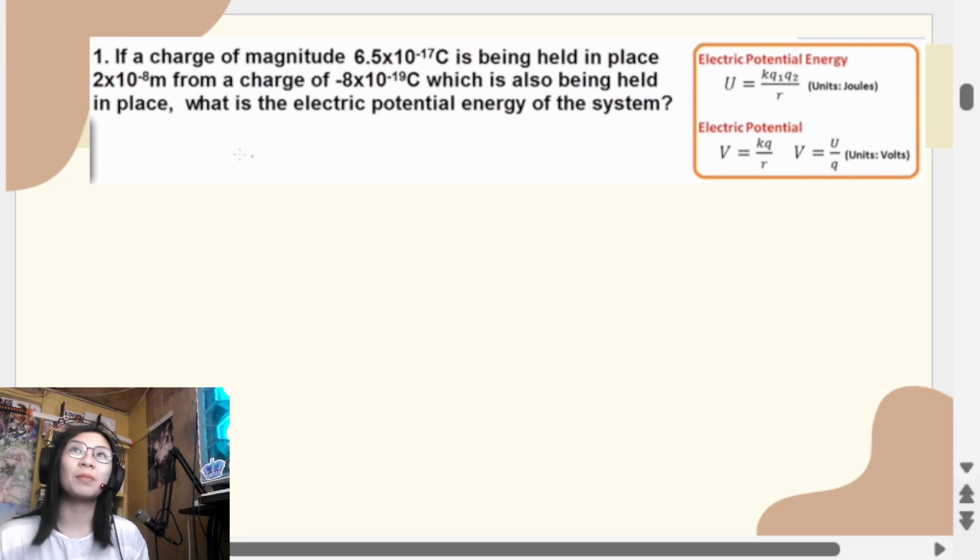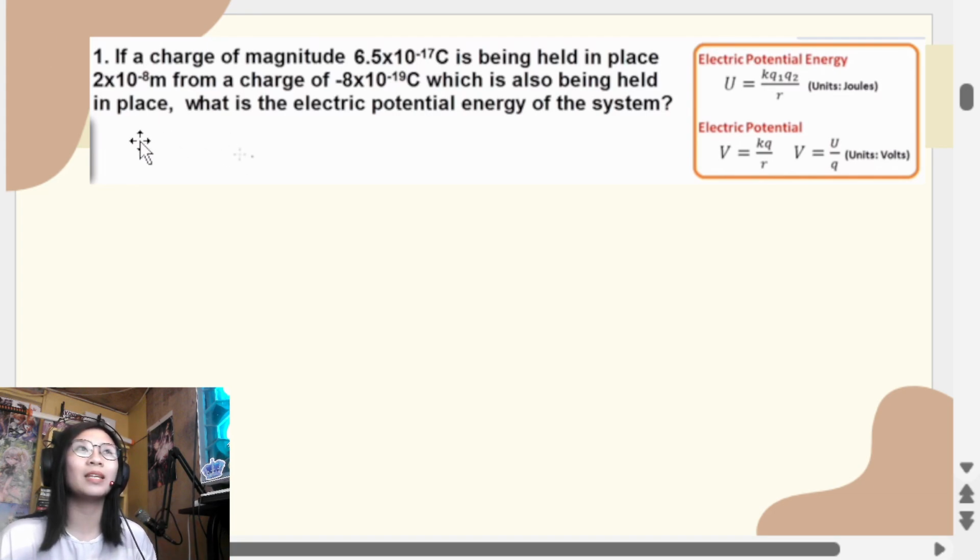So, for example, we have here, if a charge of magnitude 6.5 times 10 raised to negative 17 coulombs is being held in place 2 times 10 raised to negative 8 meters from a charge of negative 8 times 10 raised to negative 19 coulomb, which is also being held in place. What is the electric potential energy of the system?